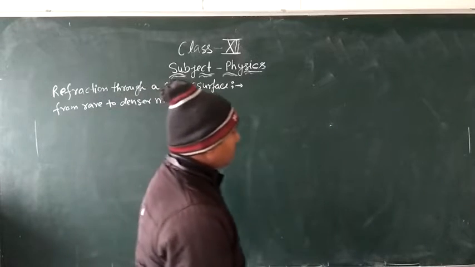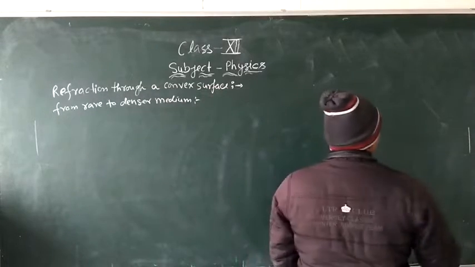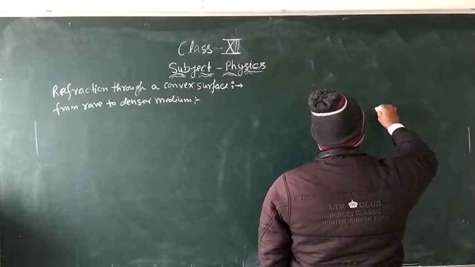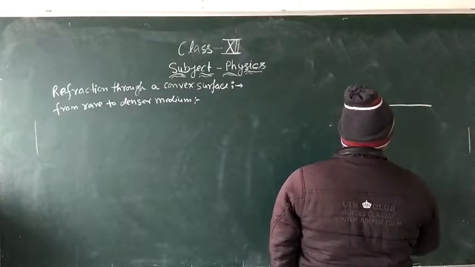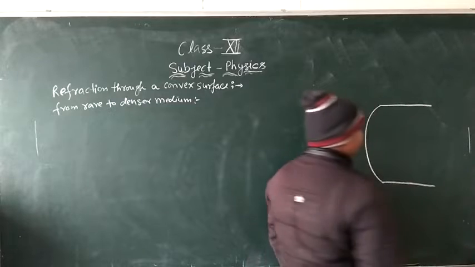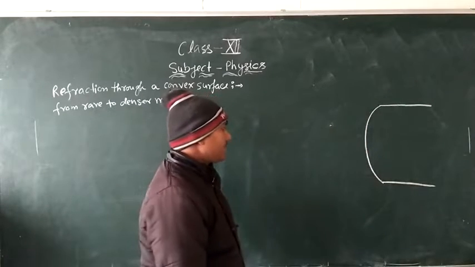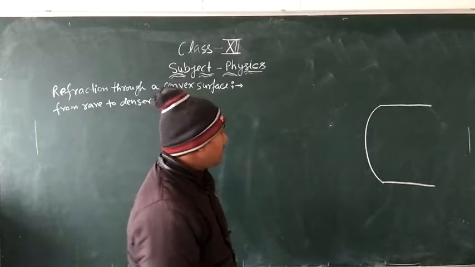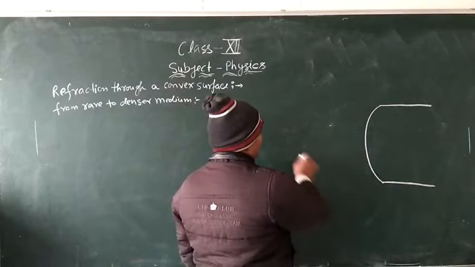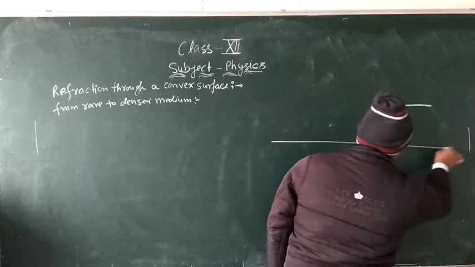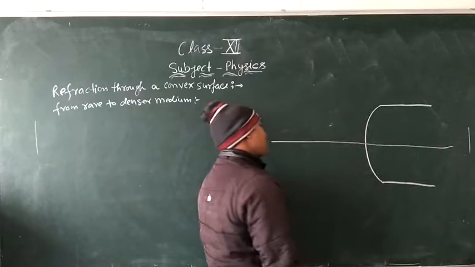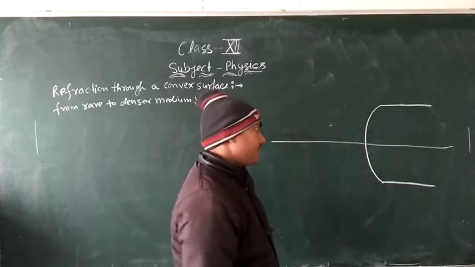Suppose this is a convex surface, this type, and suppose this line is the principal axis.